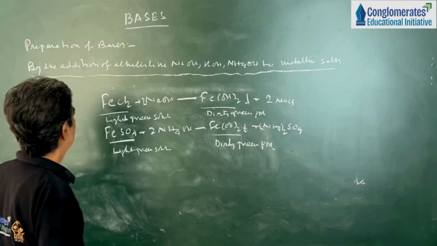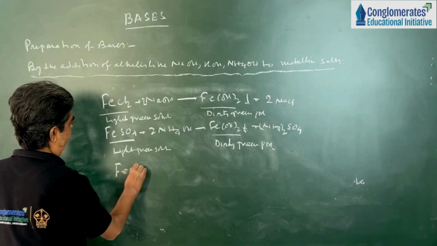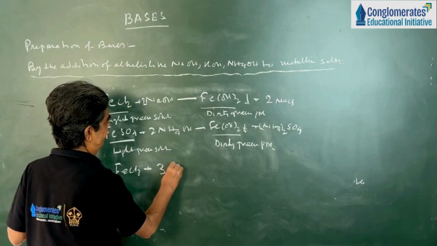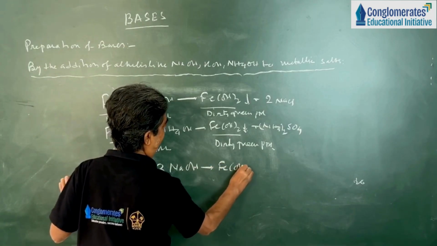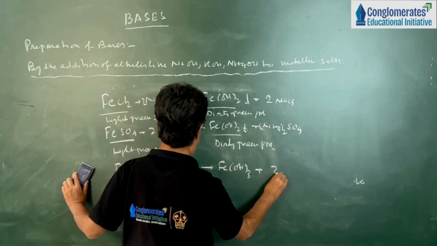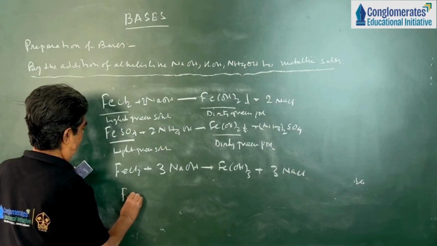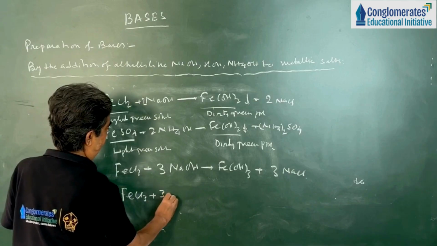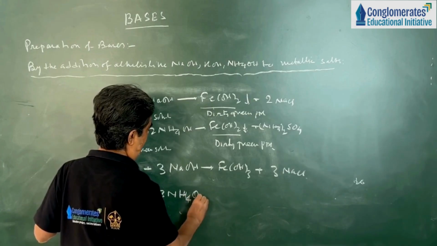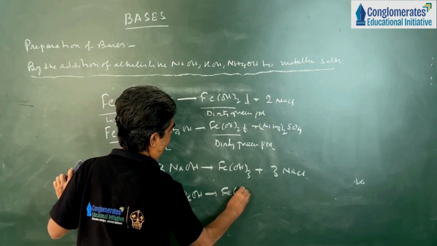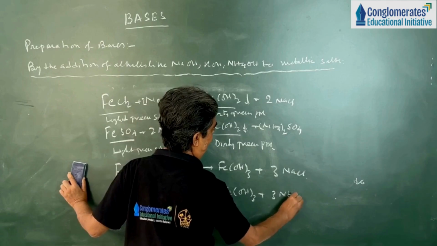Okay. Now next is ferric chloride. Ferric chloride plus 3NaOH gives Fe(OH)3 plus 3NaCl, or FeCl3 plus 3 ammonium hydroxide gives Fe(OH)3 plus 3 ammonium chloride.